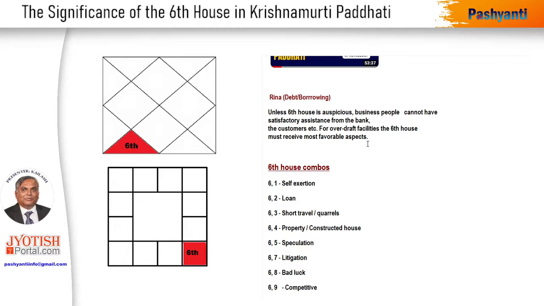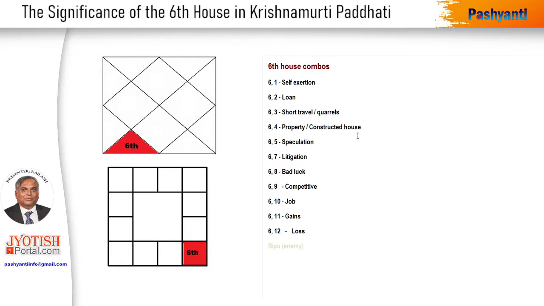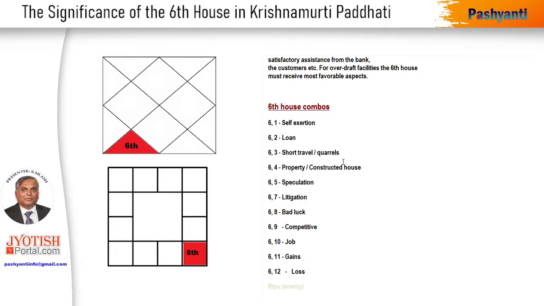Now some of the combinations that I could think of, I have mentioned, because in the Krishnamurti Paddhati, the sixth house alone will not work, and it should join hands with the other houses. So some of the combinations are like 6 and 1. 6 and 1 shows self-exertion.